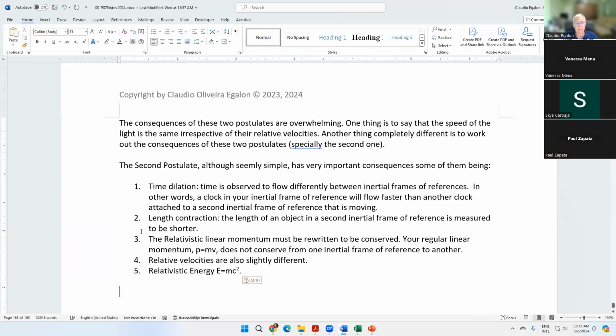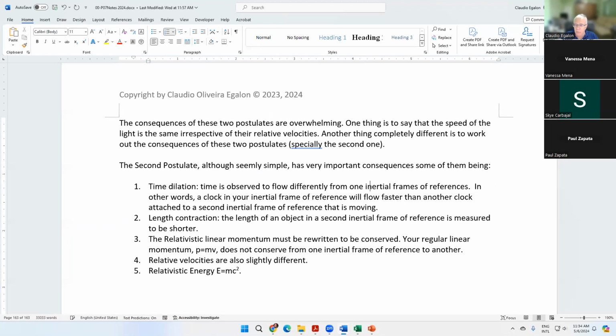Consequences of the second postulate. A very important consequence, some of them being the time dilation. Time is observed to flow differently from one inertial frame of reference to another.